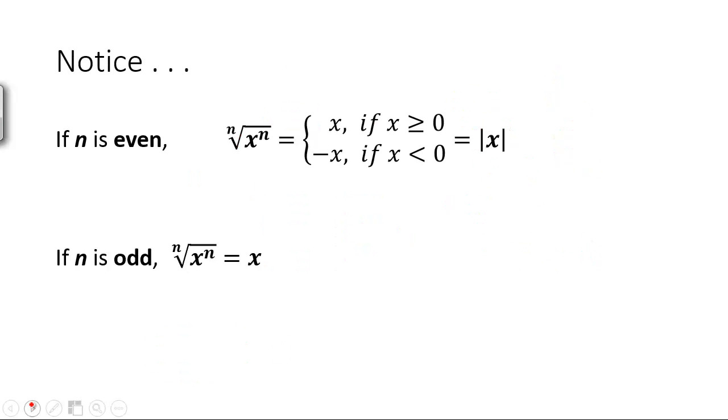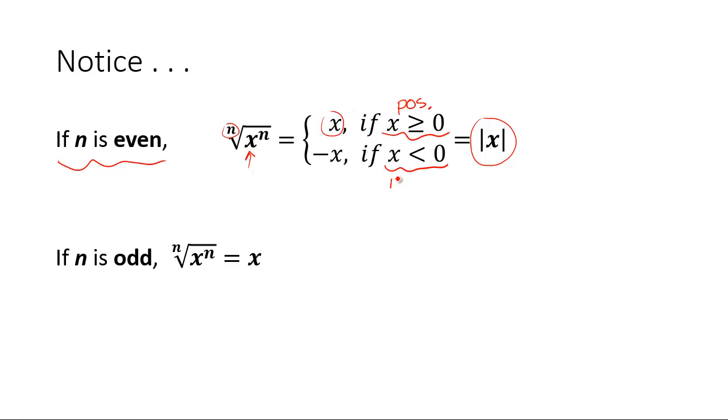So let's generalize this. If n is even, so if your index is even, you're taking the nth root, an even root, you'll notice that you're always going to end up with a positive answer for your value. We looked at a couple of examples, and what all this means is if your x is positive, then keep it positive.